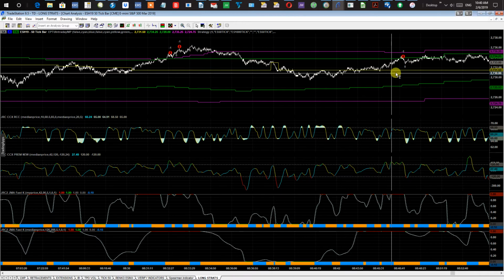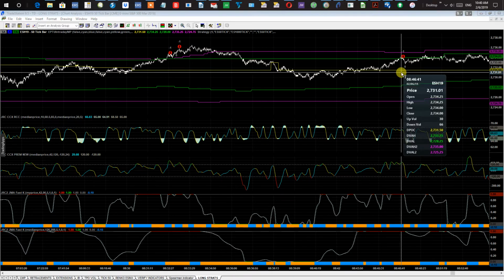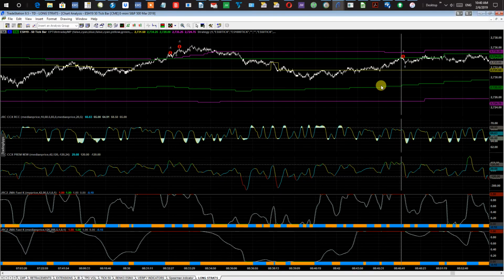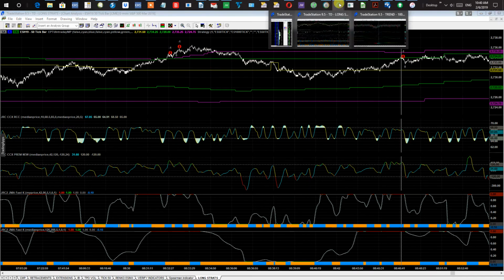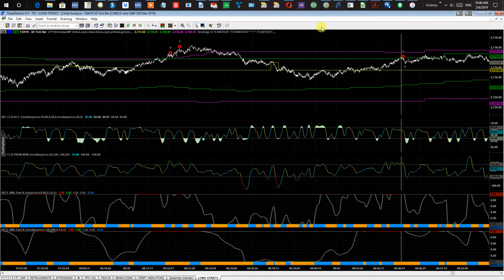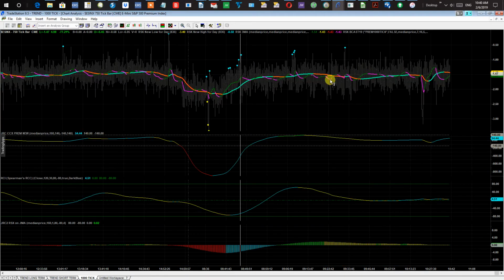But now let's take a look at where the premium was here. So right as this is beginning to drop, right, you can see it right in here. The slope of the premium is down.